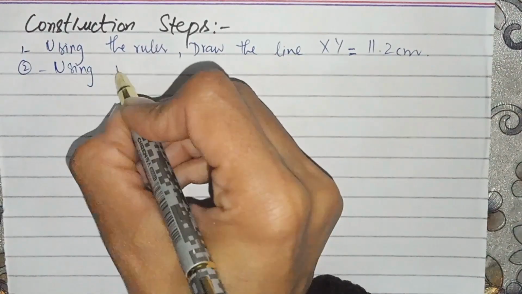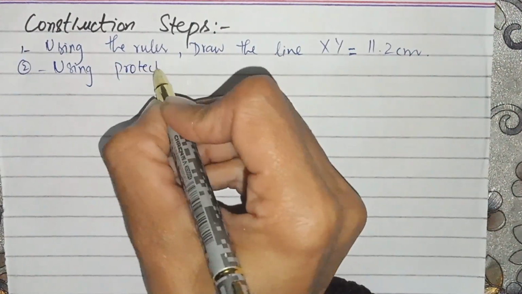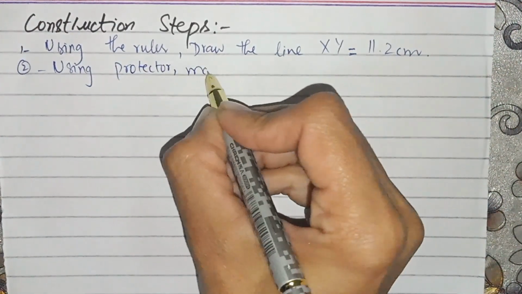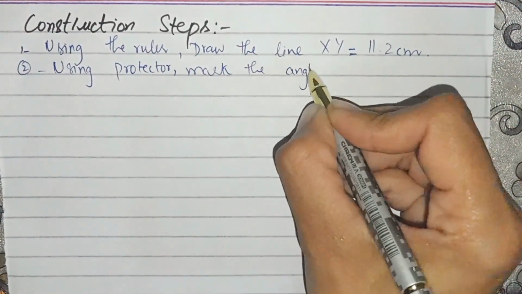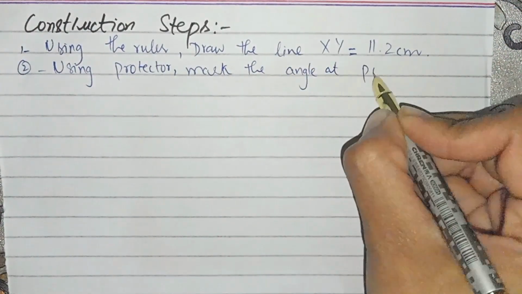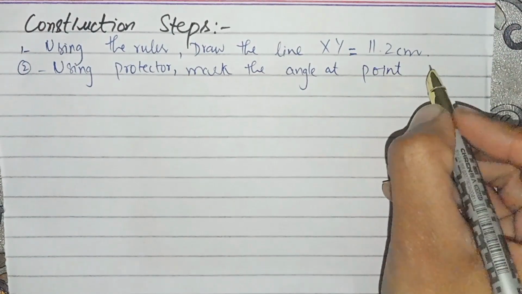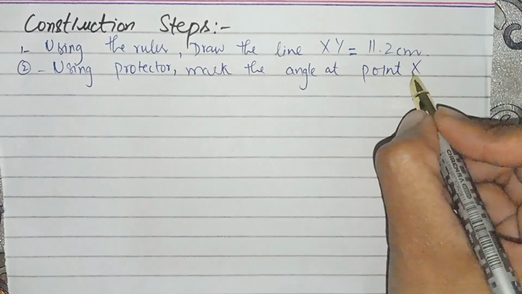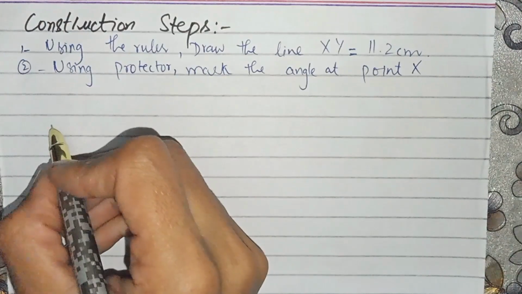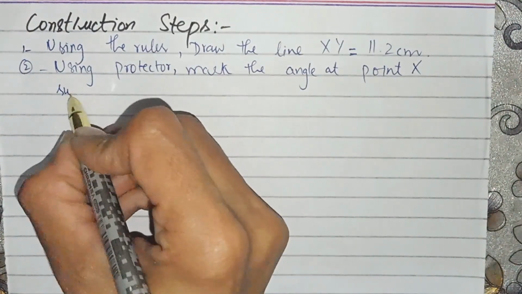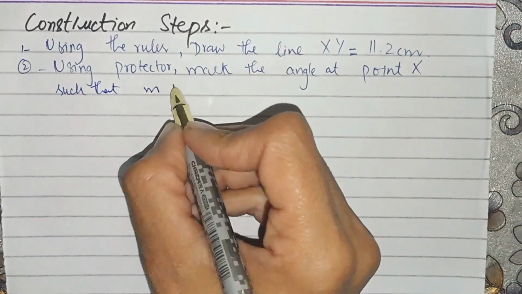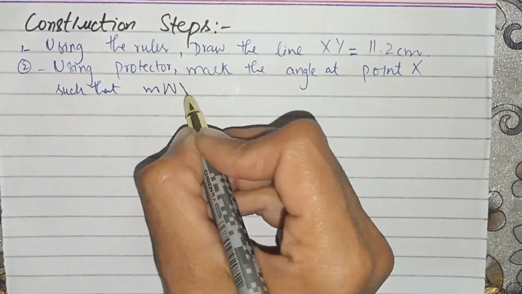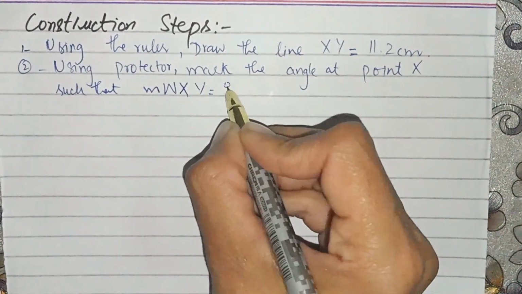Using protractor, mark the angle at point X such that measure WXY is equal to 80 degree.